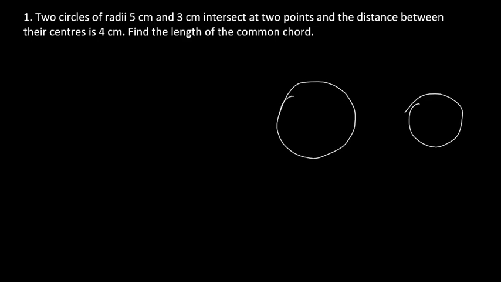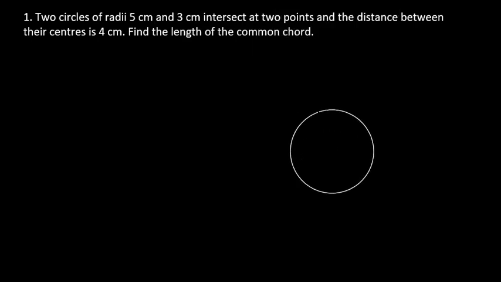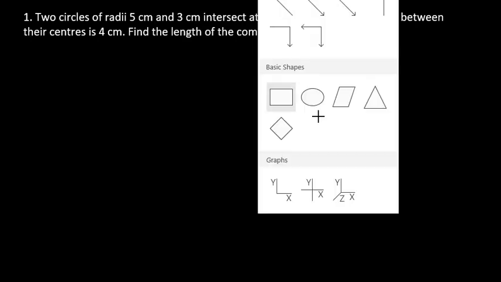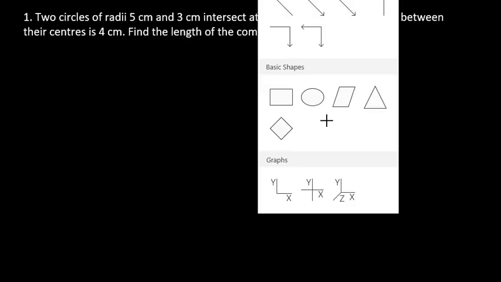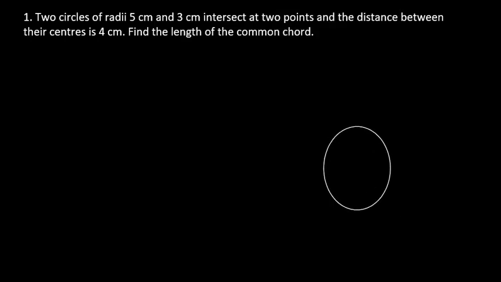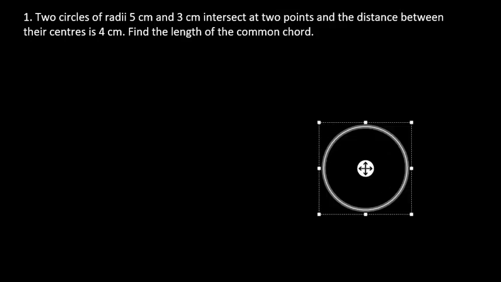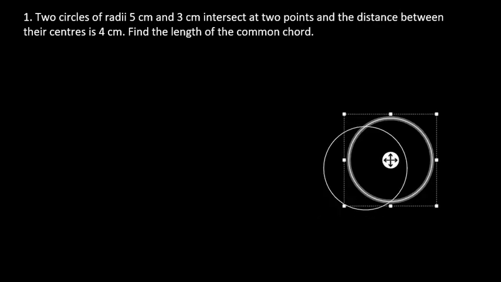Okay, sorry, I have to draw intersecting circles. So let us take two intersecting circles, one circle, and I will take one more circle with a different radius. So this is one circle and here we have another circle.